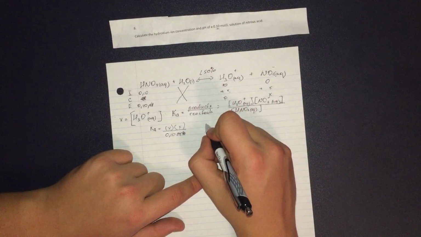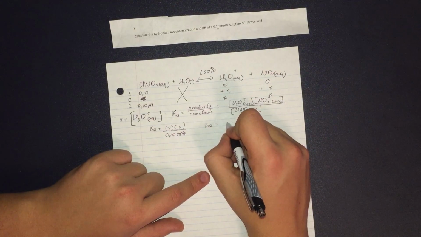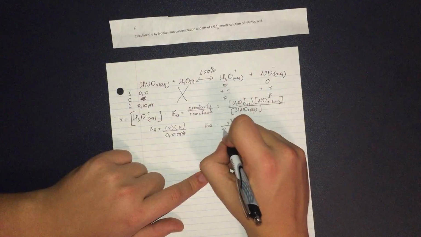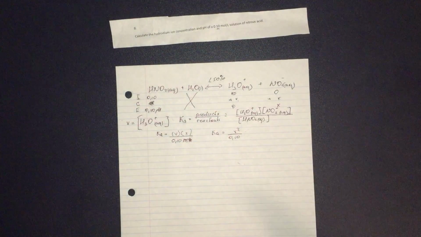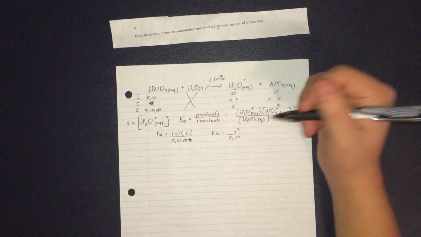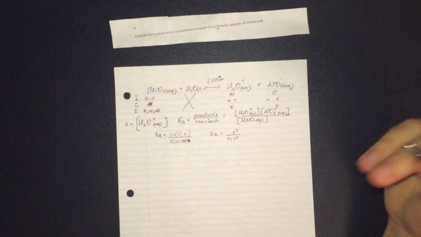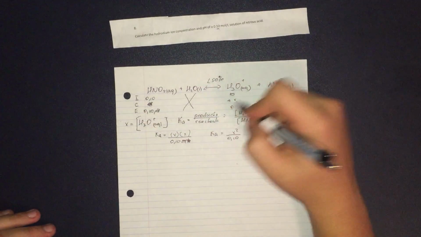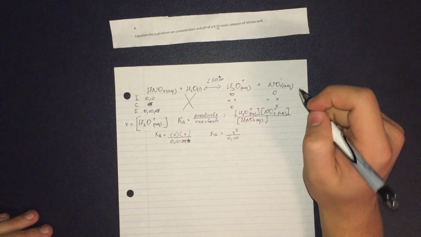That means Ka, the concentration of oxide, is equal to x squared over 0.10. Right now, it becomes more interesting. To solve for x, we should know this number and this number. And we know them both, because Ka of nitrous oxide is 5.6 times 10 to the power of negative 4.